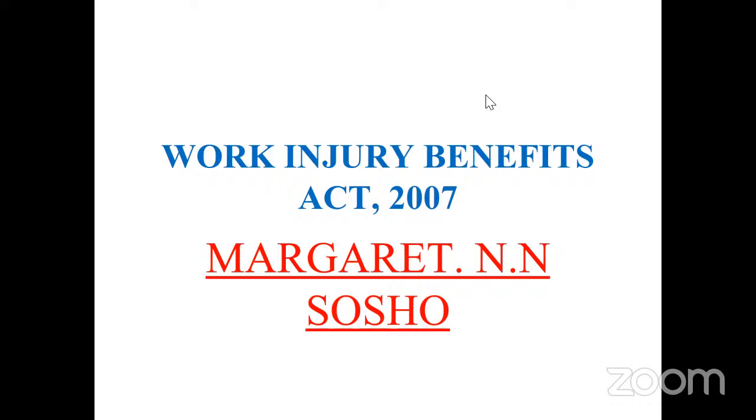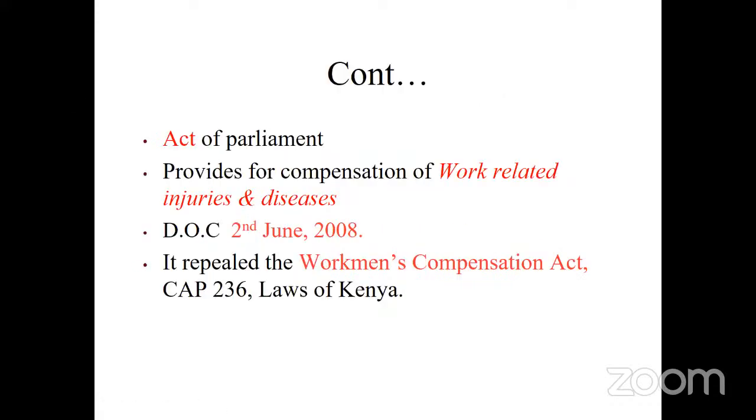Work Injury Benefit Act. It's an act of parliament that provides for compensation of work-related injuries and diseases. The date of commencement was 2nd June 2008, and it repealed the Workmen's Compensation Act, Cap 236, laws of Kenya.